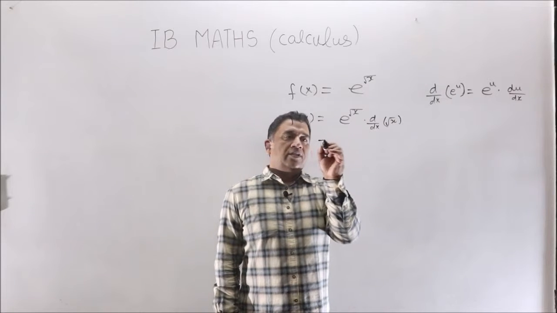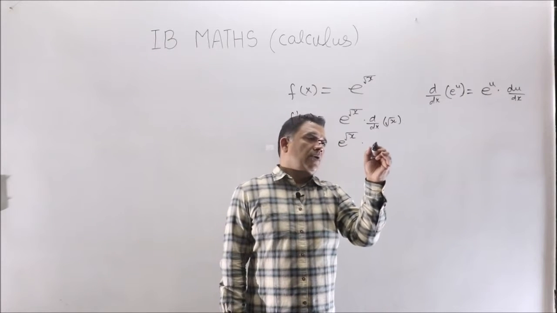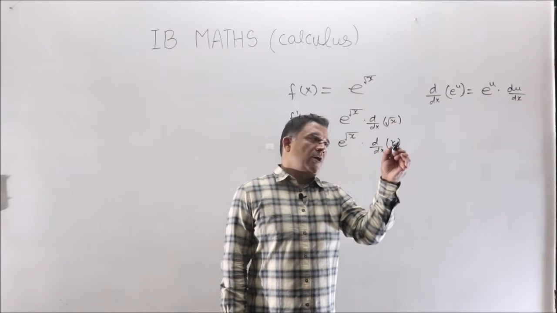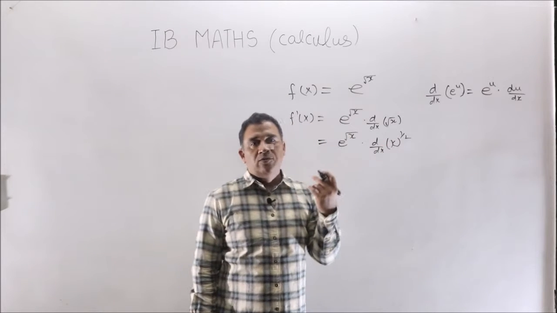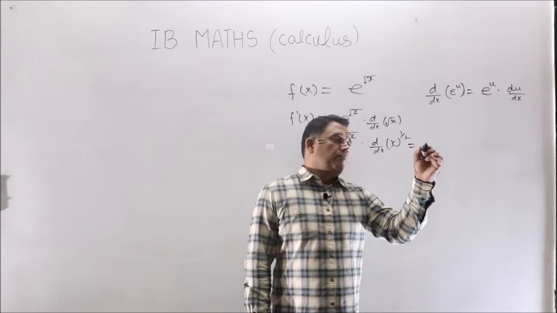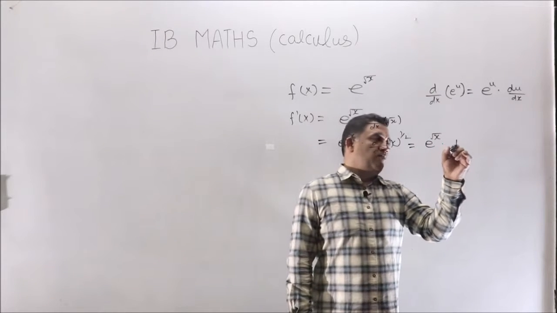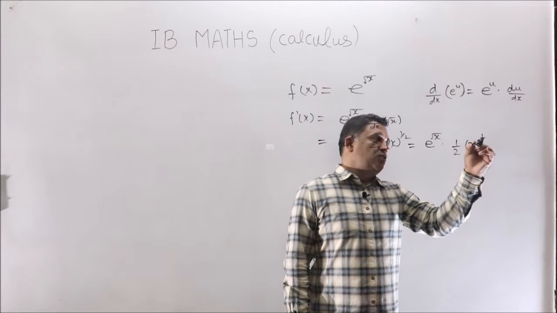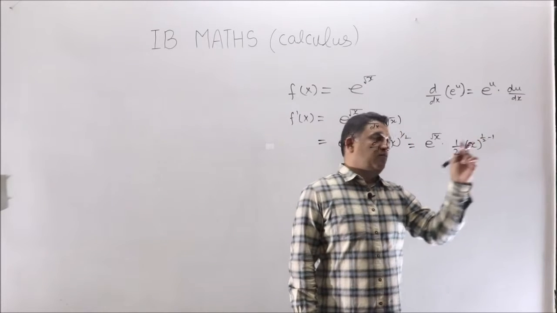So this we have e raised to power square root x, and now this is x raised to power half. So this half will come outside and then we will reduce the power by 1. So what we are getting further, e raised to power square root x times 1 by 2 is outside, then x. Now 1 by 2 minus 1 gives you negative half.